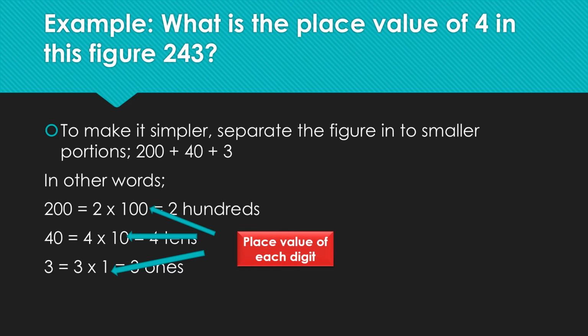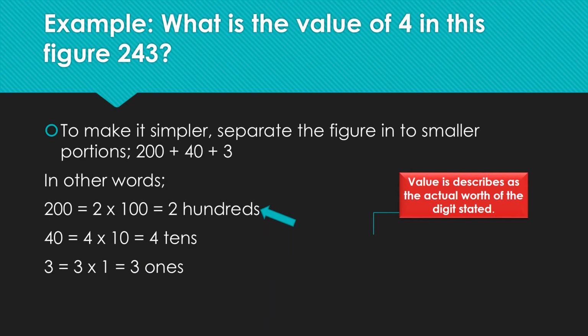So it's just the position of the number. So we have ones place, tens place, and hundreds place. This value, you just really need to indicate if it's hundreds, tens, or ones with regards to the specific digit that you're looking at. So the value now, it's really just how many tens, how many hundreds, how many ones.